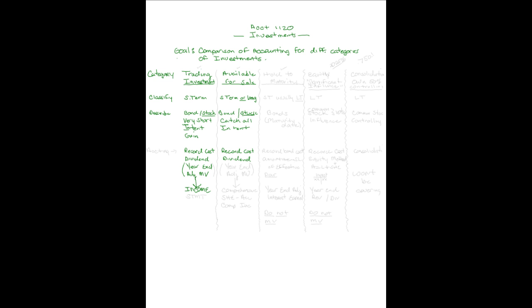You actually record a gain on the income statement at year end. But for available for sale, you do a year-end adjustment that looks for all the world the same, to market value, but it skips the income statement and goes into comprehensive income.